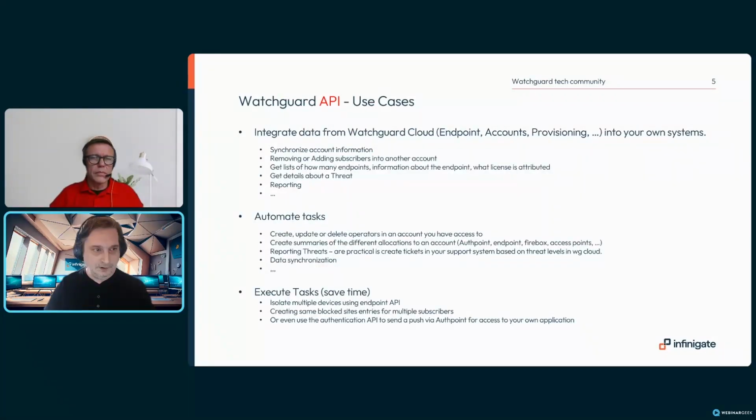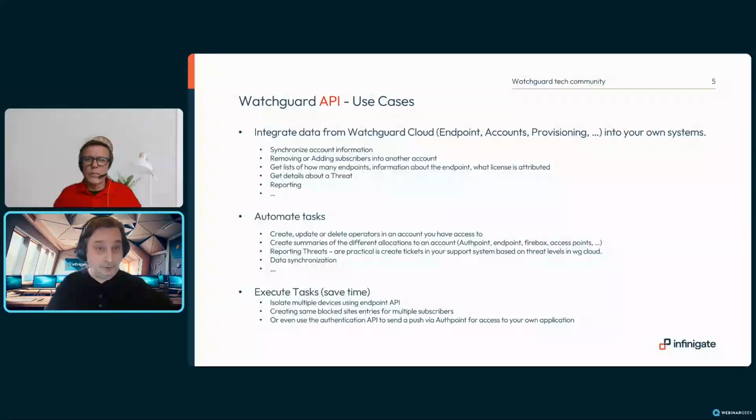What are some of the use cases of the WatchGuard API? First, you can integrate data from WatchGuard Cloud, so endpoint, threats, accounts, provisioning, allocation and unallocation, into your own systems. So you can use that to synchronize account information, for example, removing or adding subscribers into another account, which we will show.